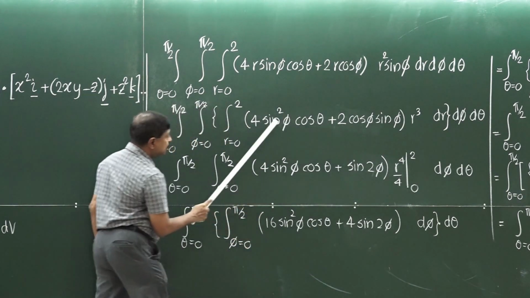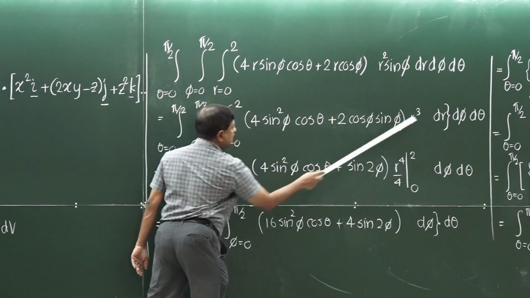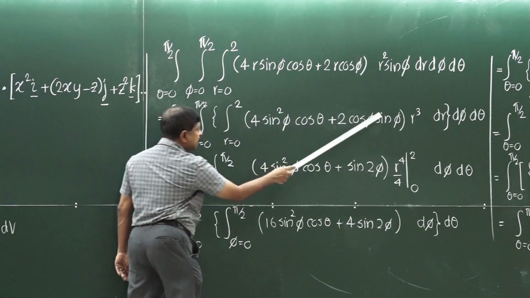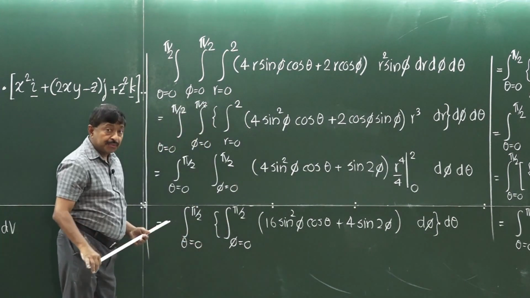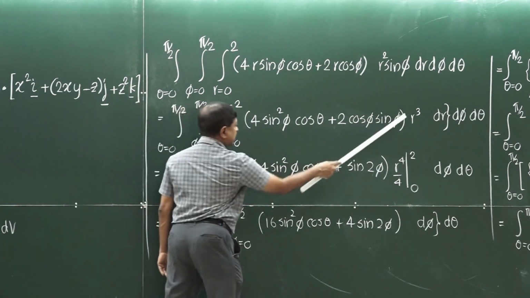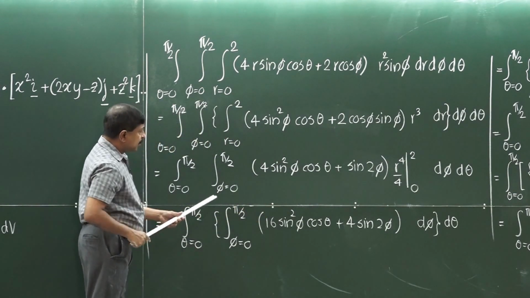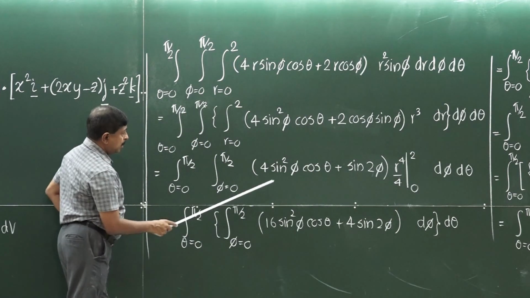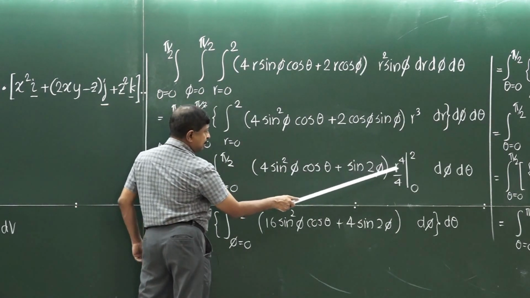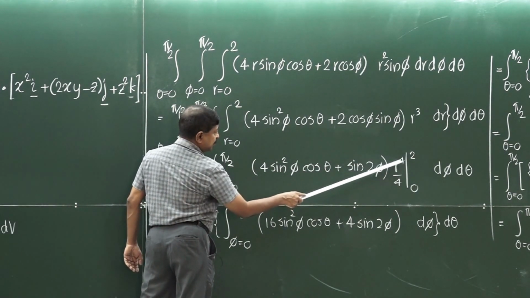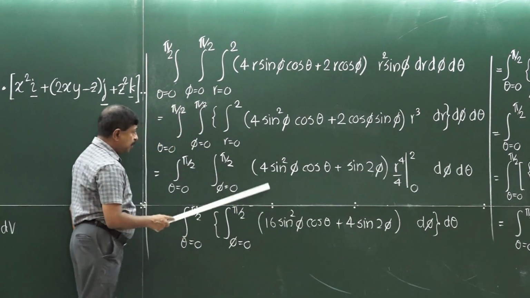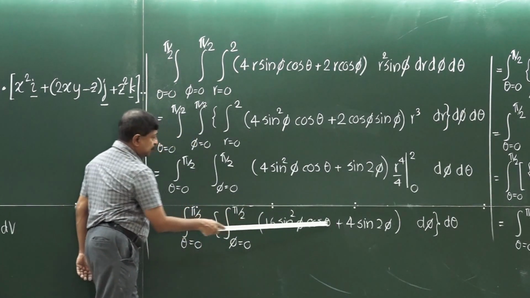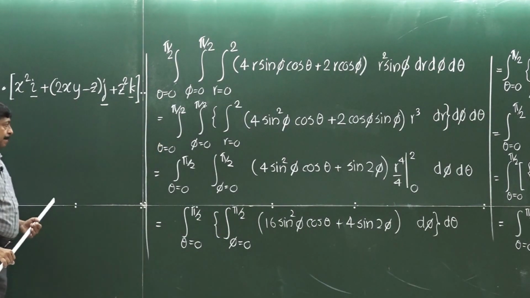And remember, when you integrate with respect to r, the rest will be considered as constants. So, constant times r cube. So, you will end up with this one. Now, once you plug in limits and simplify, 2 to the power 4 is 16, 16 over 4 is 4. So, you have to multiply this by 4. So, you will end up with this one.